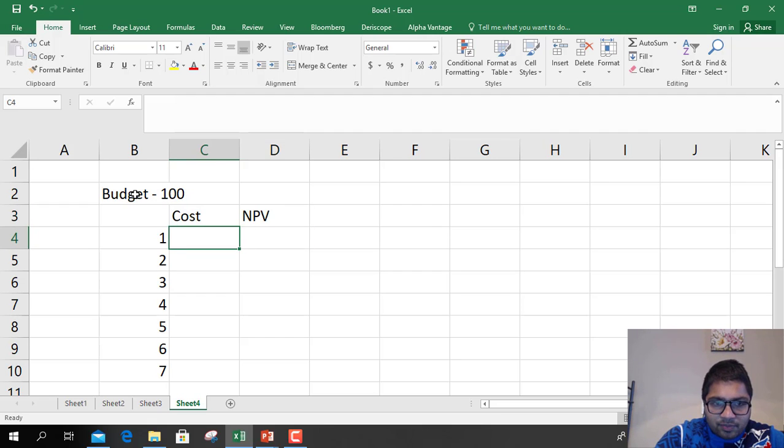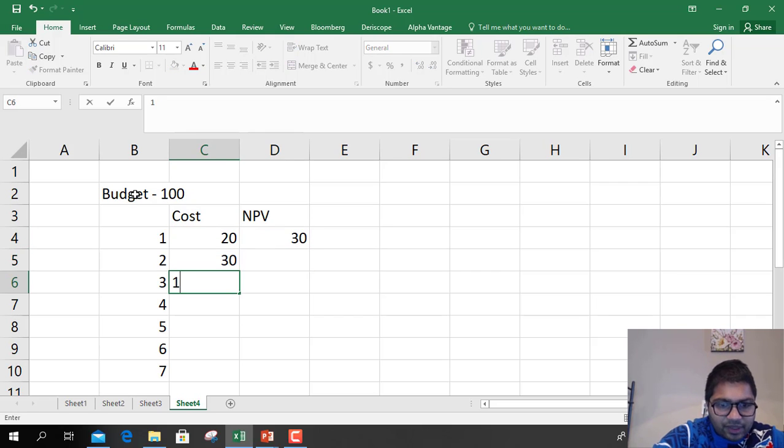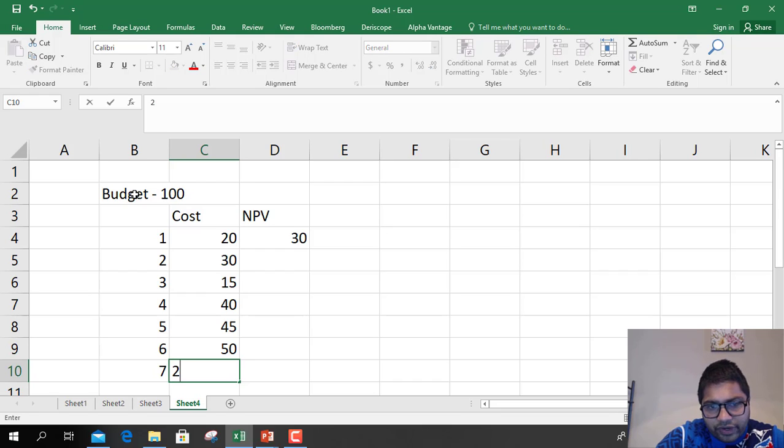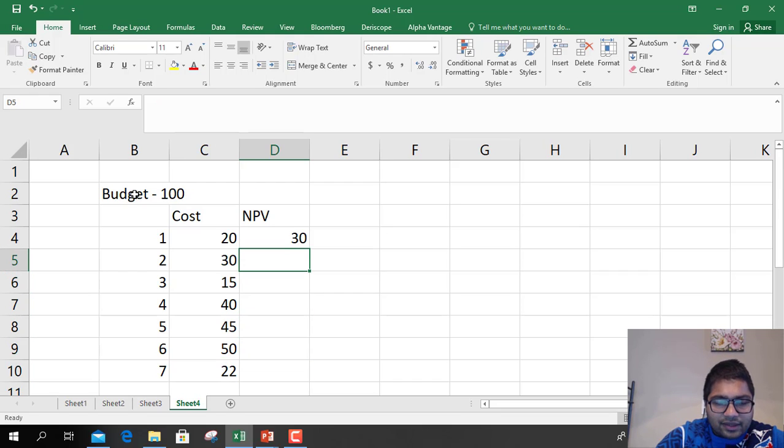Cost of project for project 1 is 20 million, NPV is 30 million. Okay, cost is 30 million here, 15 million here, 40 million here, 45 million here, 50 million here, and 22 million here, and these are the NPVs.